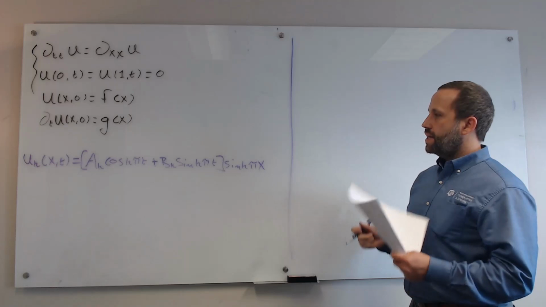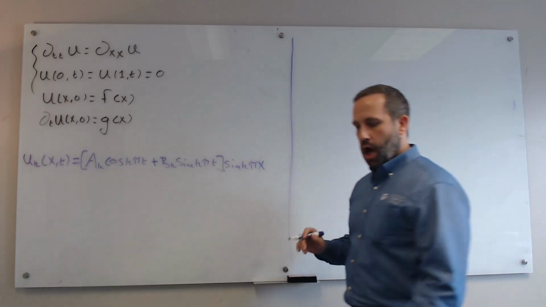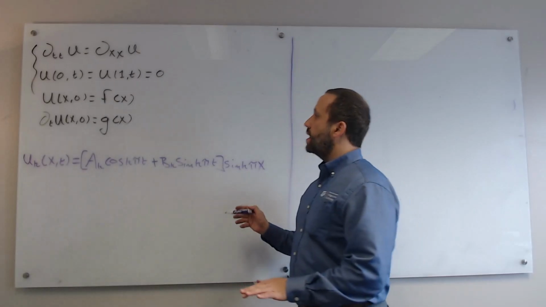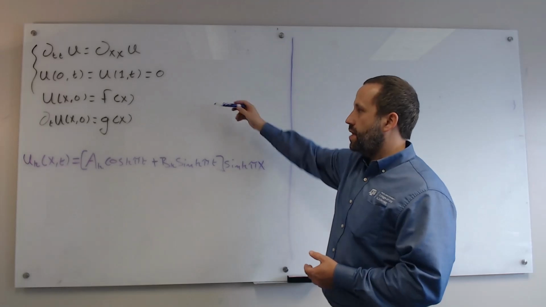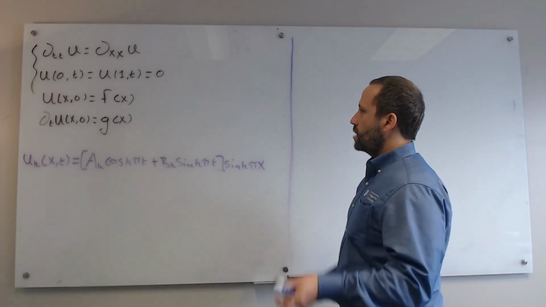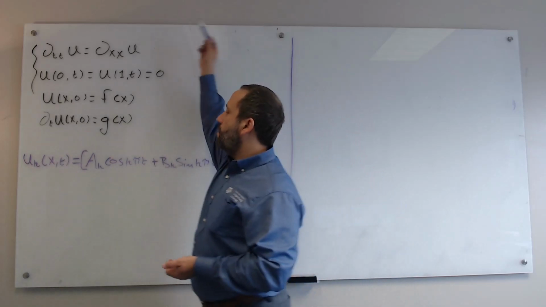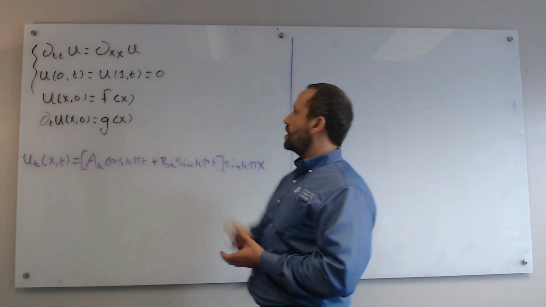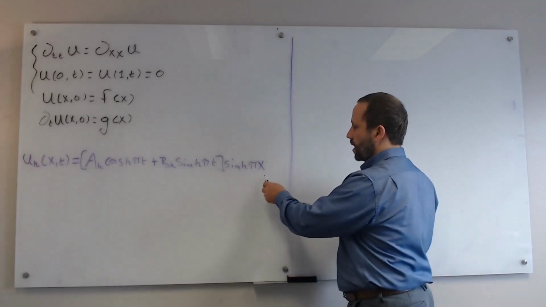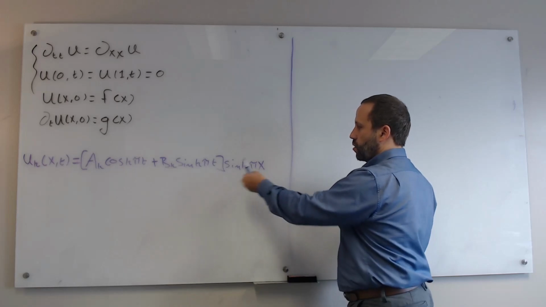If we plug in t equal to 0, there are a few more steps here, but we want to know in what sense this is going to be a solution to this entire problem. As we saw before, it's going to satisfy the PDE because each term satisfies the PDE. And it's going to satisfy the boundary conditions because if you plug in x equal to 0, and if you plug in x equal to 1, you're going to get 0.